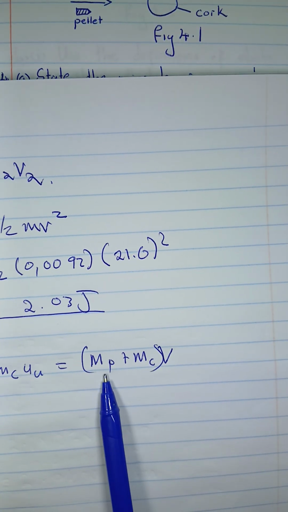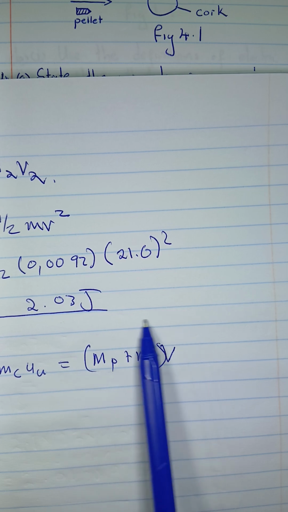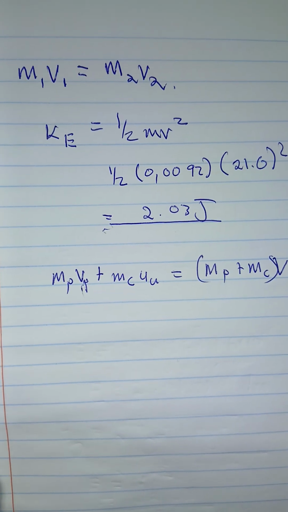This is going to be equal to the combined momentum of the system after the pellet has hit the cork.